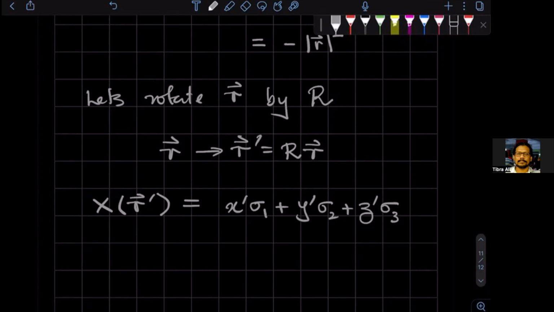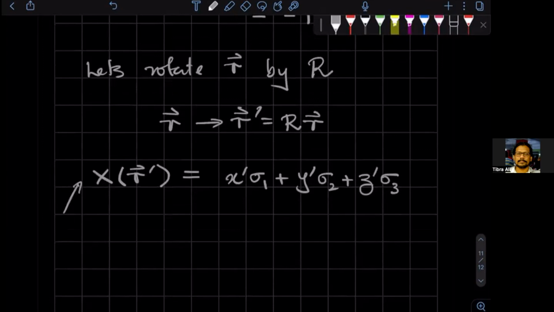Is this clear? I'm just using the definition of X. x prime, y prime, and z prime are the components of R prime. Exactly, yeah.